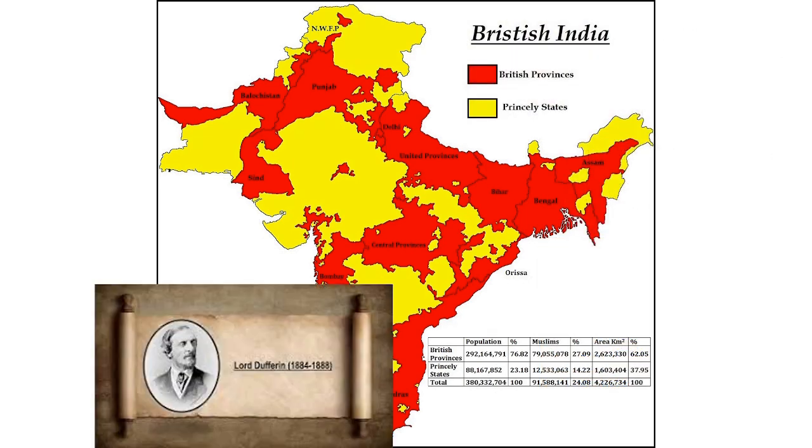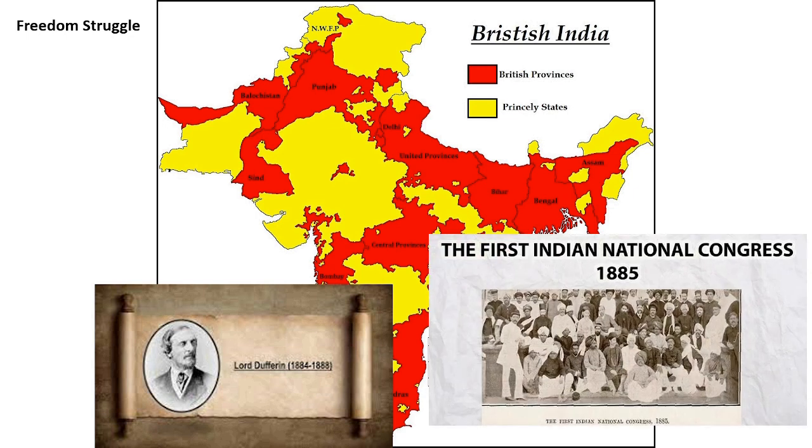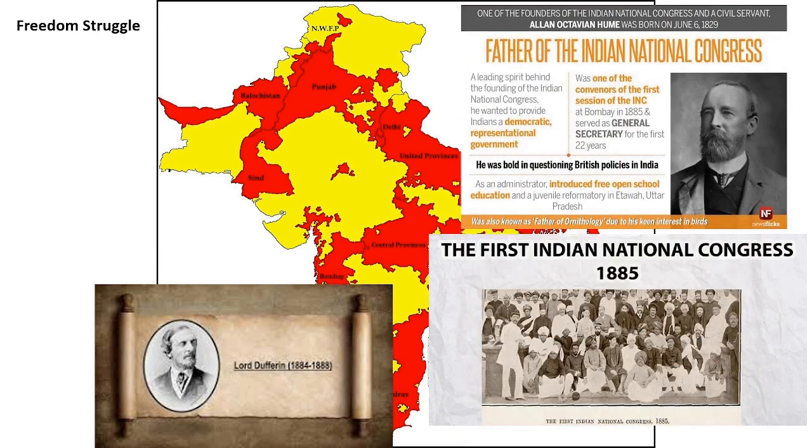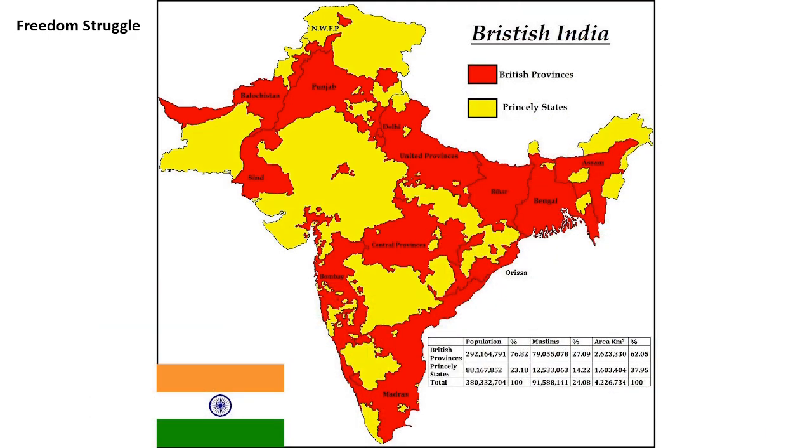During the tenure of Lord Dufferin, the Indian freedom struggle was officially started with the formation of the first Indian National Congress in 1885 by Allan Octavian Hume. He was considered the father of the Indian National Congress.